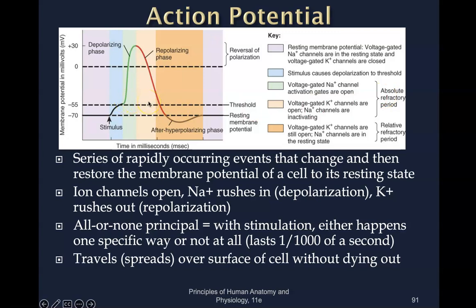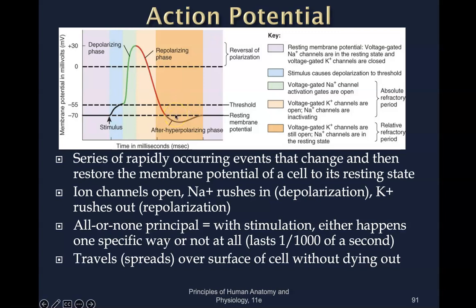Absolute refractory, okay? Now, as that inactivation gate opens up and then the activation gate closes on those sodium channels, now that sodium channel can be triggered to open again. But we're going to have what's called the relative refractory period, because look what happens here. The potassium channels, remember, are staying open a little too long, and they let lots of potassium out, and it actually brings us below resting membrane potential. So in this relative refractory period here, what this means is we need a greater than threshold stimulus.